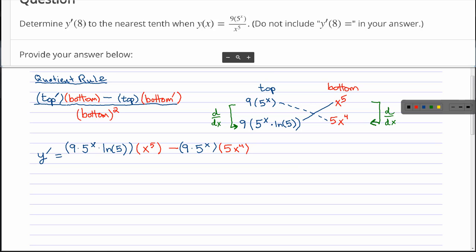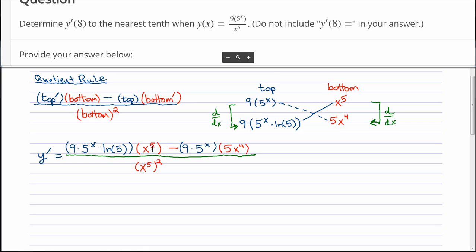And then everything is going to get divided by the bottom squared. Okay, so the bottom is x to the 5th, so it'll be x to the 5th, squared.